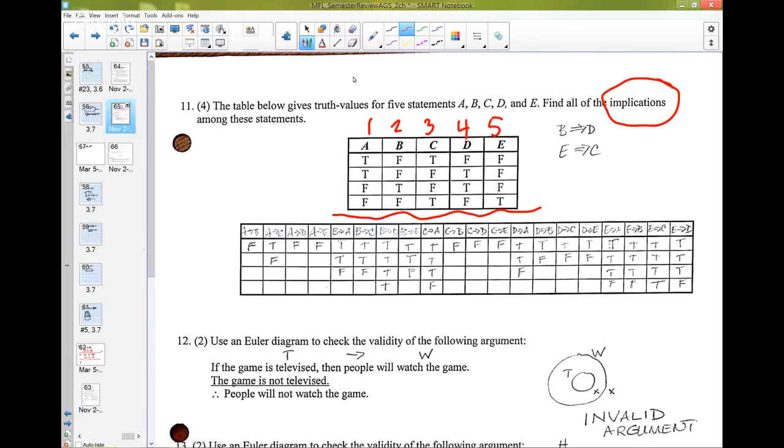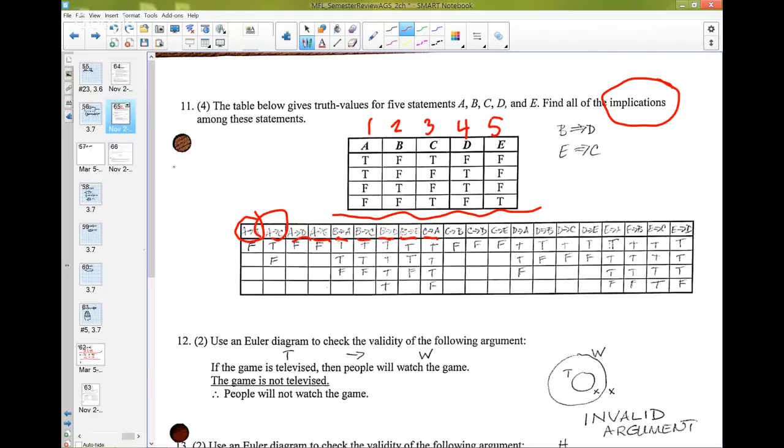I said, let's do all the ones that start with A. Here's where I put if A then B, if A then C, A then D, A then E, and that took care of all the ones that begin with A. Then all the ones that begin with B: if B then A, B then C, B then D, B then E. How about the ones that begin with C? And so forth. Got it? And I left you enough columns so you could do all 5.